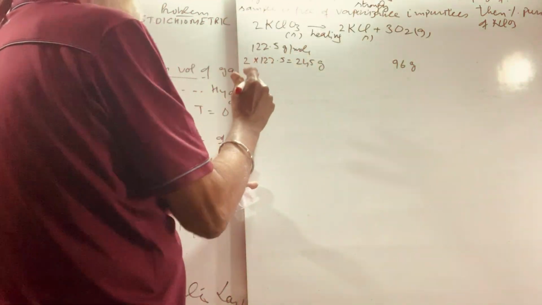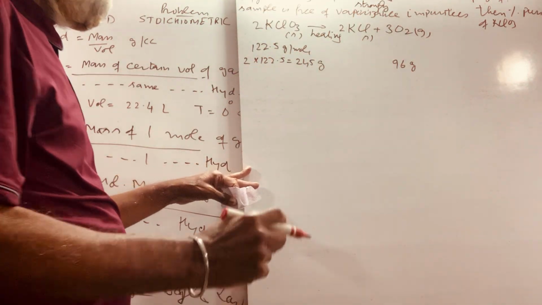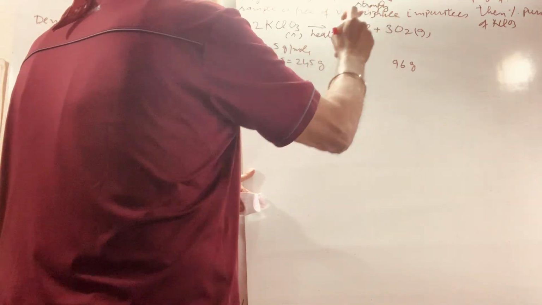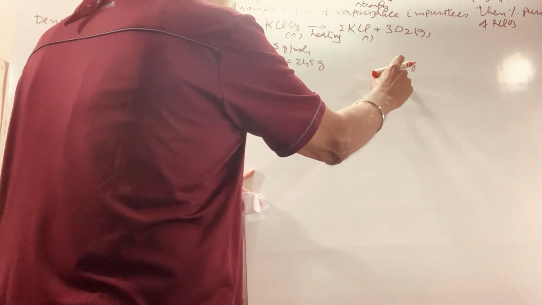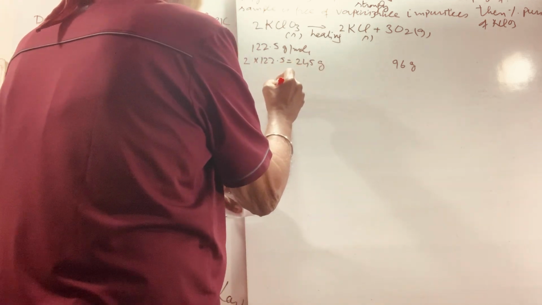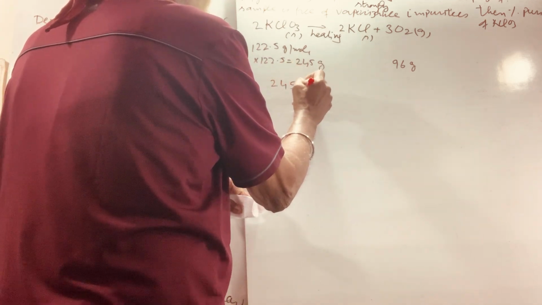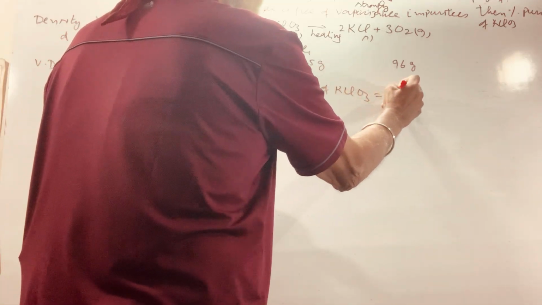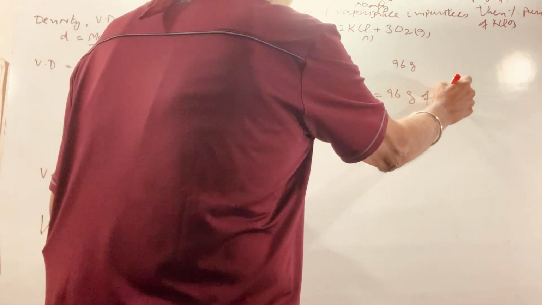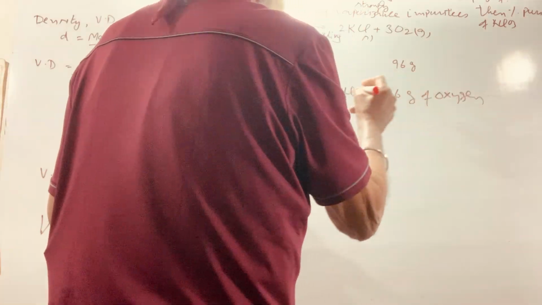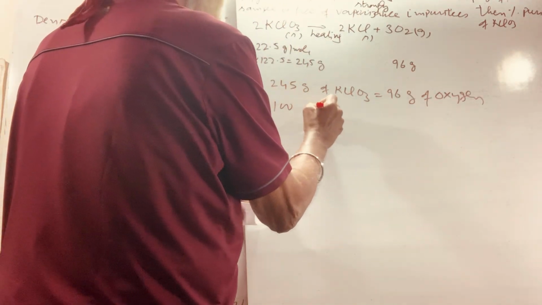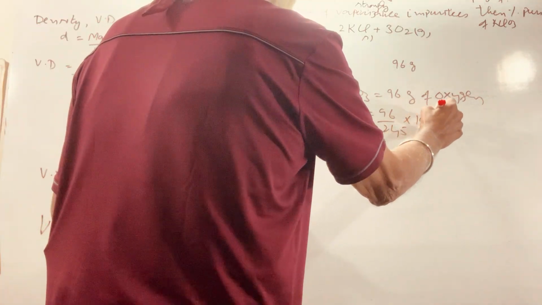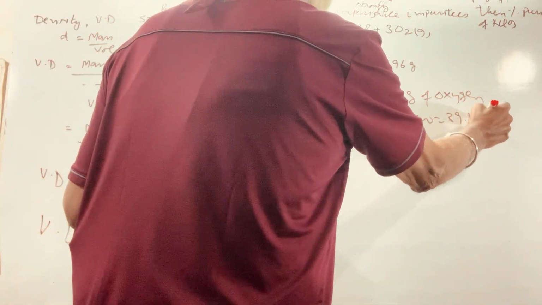So it means 2 moles are giving you 3 moles of oxygen, so 245 gram of KClO3 is giving you 96 grams of oxygen upon heating. So 100 will be giving us 96 divided by 245 into 100, that should be 39.8.